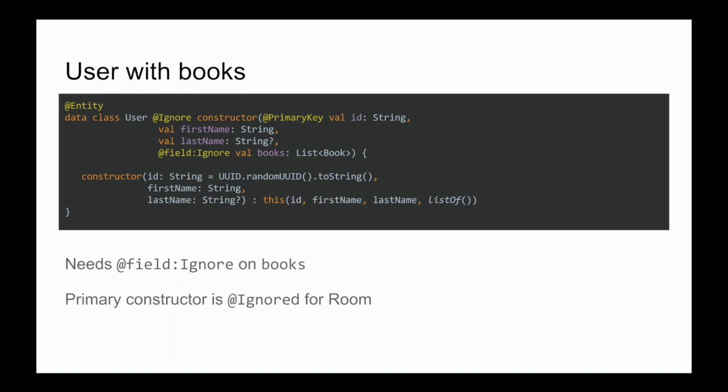I can still have a list of books here. I just need to tell Room to ignore that field because we're not actually having this property on the table. And then I can supply a default constructor that doesn't have these books set or just has an empty list. And then again, I need to make sure that Room ignores the primary constructor in this case.